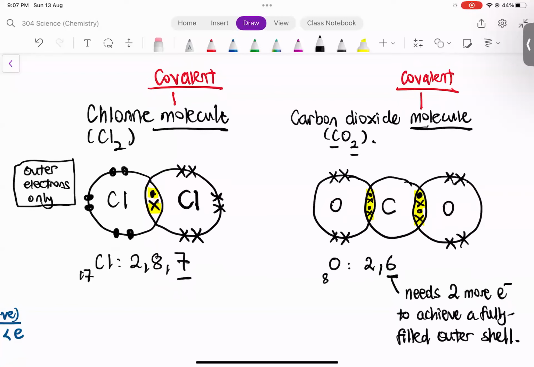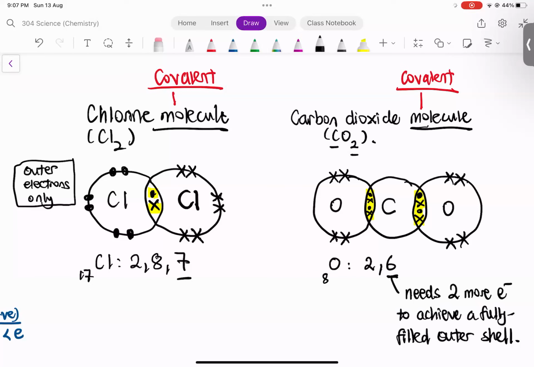Okay, so we have just gone through how to draw dot and cross diagrams for molecules. Remember, the word molecule is only used when there is covalent bonding. And covalent bonding involves the sharing of valence electrons between non-metal atoms. So you can see over here, these are all non-metals. Chlorine is a non-metal. Carbon and oxygen are also non-metals. So remember that non-metal and non-metal forms covalent molecules with covalent bonds.